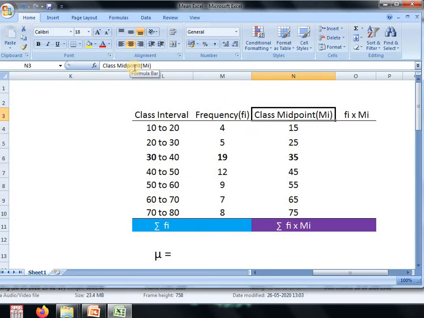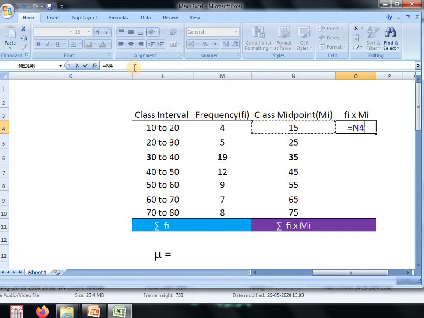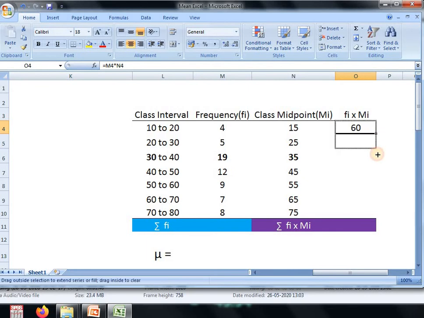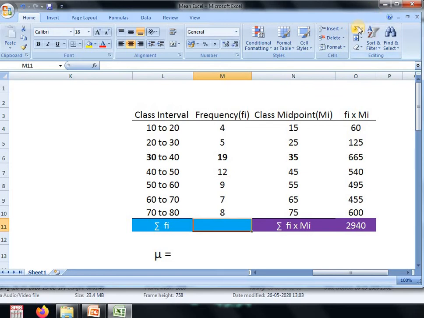So the midpoints of class intervals we have found, the frequency is already there, we just have to find the product fi mi. So 4 into 15 is 60. Likewise all the observations are multiplied and the sum is taken, and we also sum all the frequencies to get sigma fi.